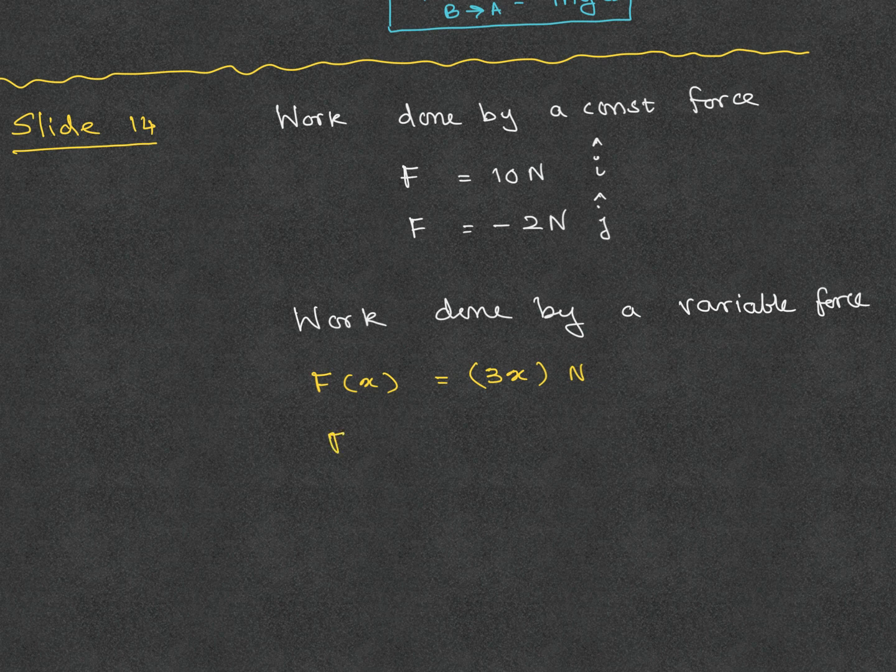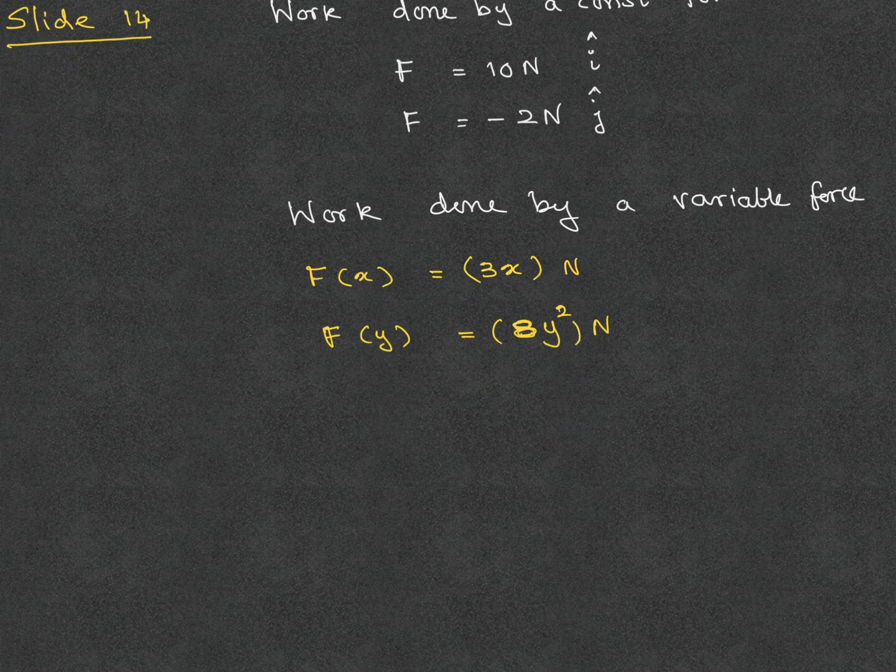And then you can have something like F as a function of y. The unit actually doesn't change no matter what you have in the force, and the unit stays as Newtons.